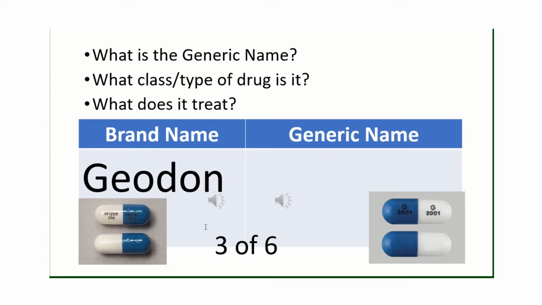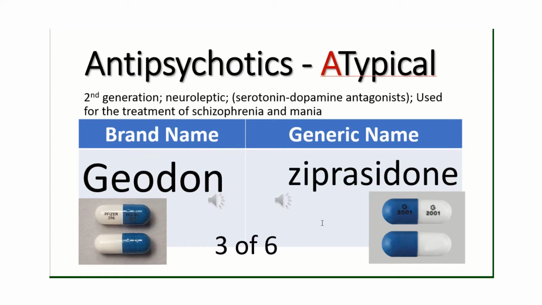What is the generic name for Geodon? What type of drug is Geodon? What does Geodon treat? The generic name for Geodon is ziprasidone.